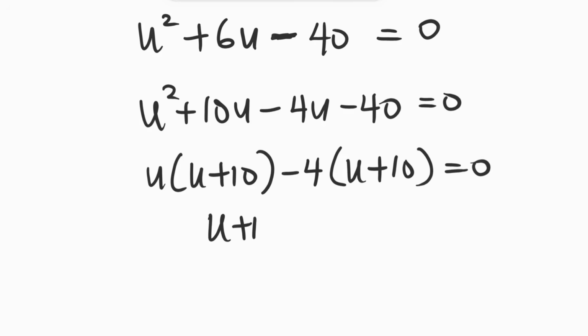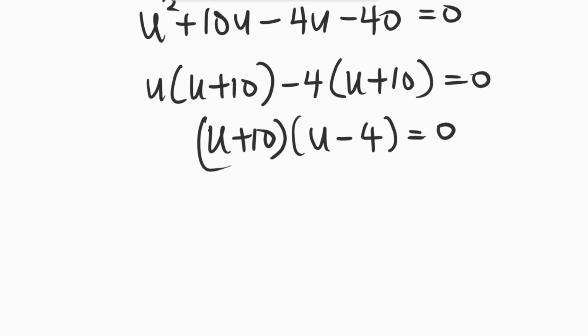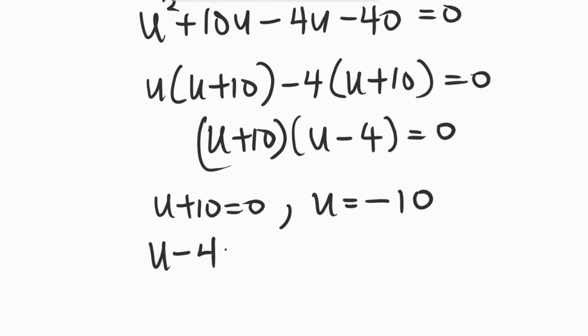So we have u plus 10 and u minus 4 equals 0. Therefore u is equal to minus 10, and from u minus 4 equals 0, this is u1, so u2 is equal to 4.